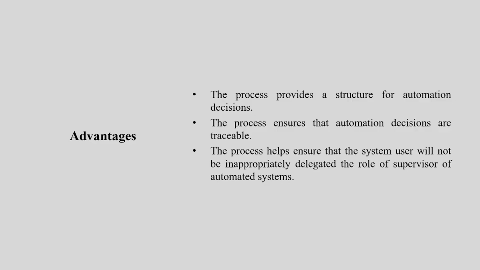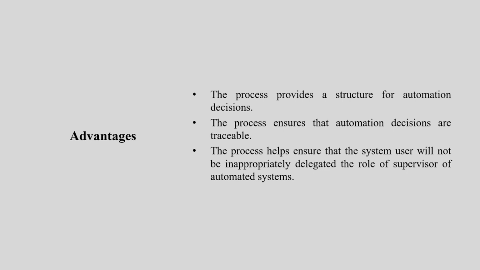Based on the allocations, we need to plan how we can introduce automation in the whole process. This process ensures the automation decision, where exactly, so decision making.